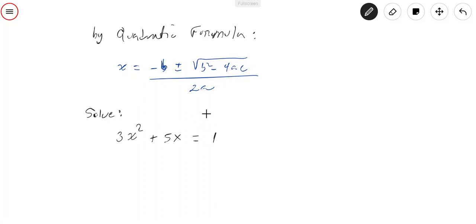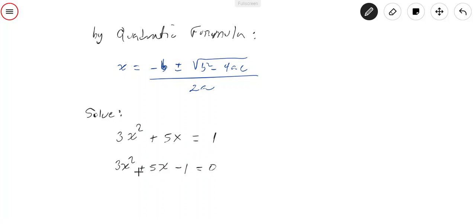To use the quadratic formula, the first thing we have to keep in mind is that the quadratic equation must be in the standard quadratic form. So I have to bring the 1 to the left, so I get 3x squared plus 5x minus 1 by subtracting 1 from both sides.